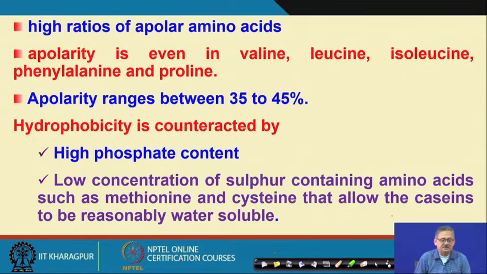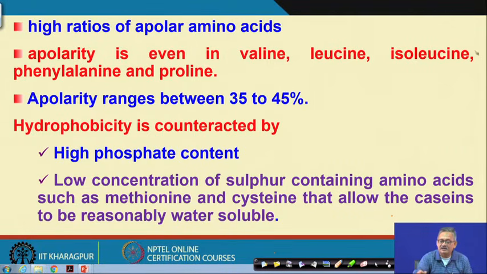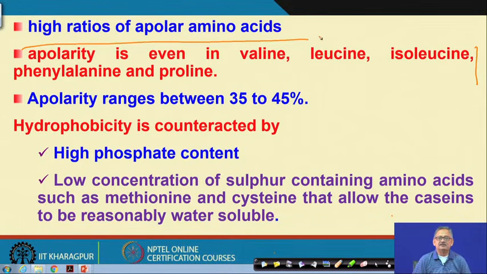So, they have a lot of apolarity in them, and that in turn influences the hydrophobicity of the casein. The hydrophobicity of the casein is due to the apolarity of the casein molecule, that is, the high ratios of apolar amino acids, in which we have seen valine, leucine, isoleucine, phenylalanine and proline.